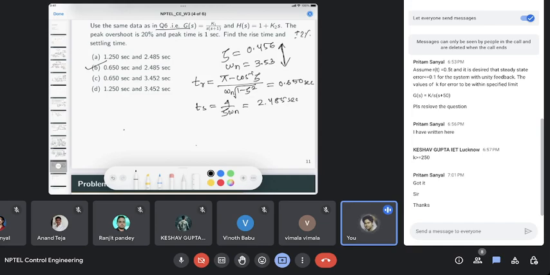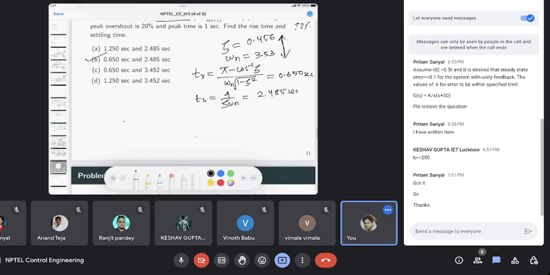Then you find the output, which is the closed loop transfer function times the input. Then you find the error, which is the input minus the output. Then you apply the final value theorem because you want the error value, and you use this limit because the error is given to be less than 0.1. You have already expressed the error in terms of k. Then you simplify that for k.